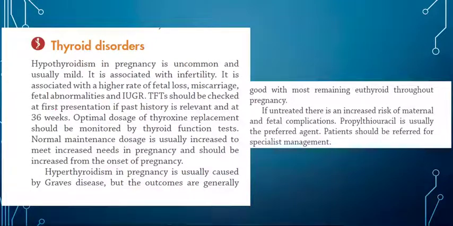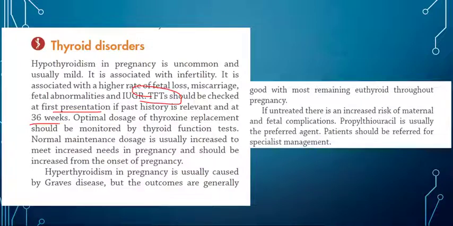Thyroid disorders. Hypothyroidism is not very common in pregnancy, but hyperthyroidism can develop. Any patient who has hypothyroidism or features of a thyroid problem should have a thyroid function test checked at first presentation and at 36 weeks.